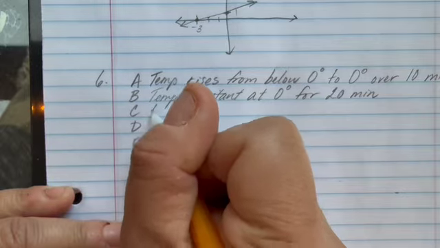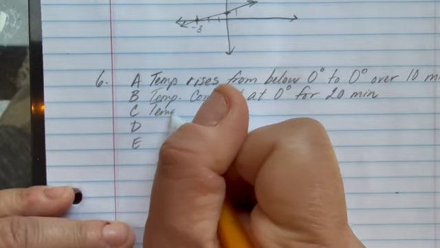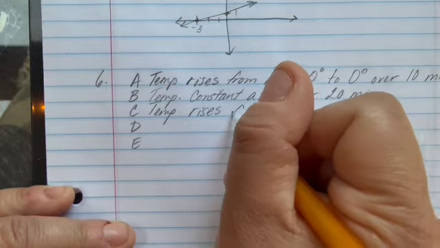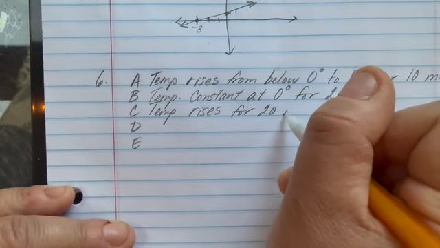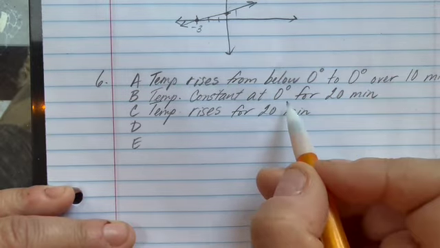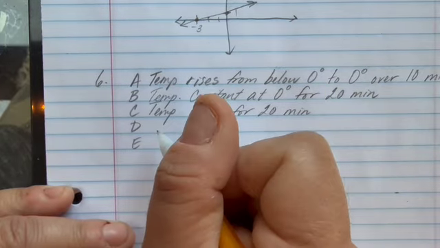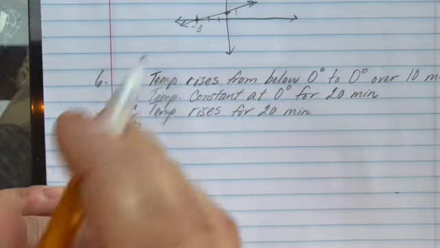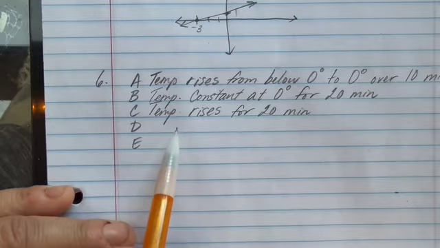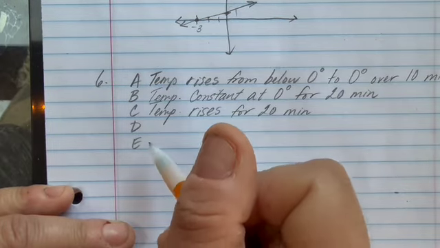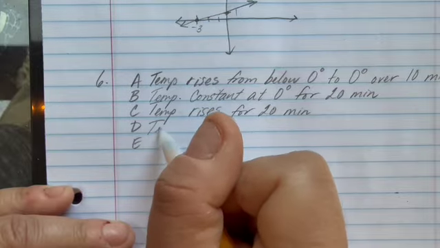In your C section, you have the temperature rising, so the temperature rises for 20 minutes. And remember, it rose from 0 to 100 degrees, so it made quite a jump. In your D section, let's see, is that what happened in C? Yeah, the temperature is rising for 20 minutes in C. I gotta look at it again. Okay, the D section, something weird happens.